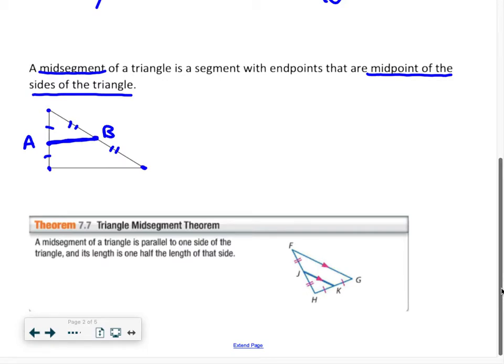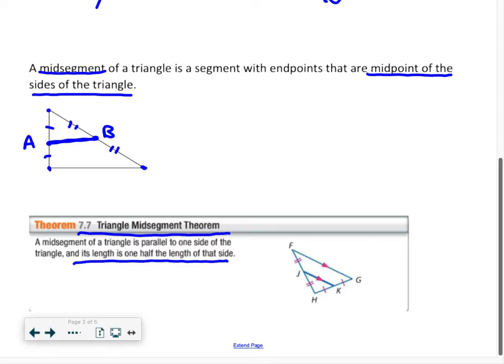So the triangle mid-segment theorem, theorem 7.7, states that a mid-segment of a triangle is parallel to one side of the triangle, and its length is 1/2 the length of that side. Okay, so the length of the mid-segment, let me write this out. Let's use this example up here, and then I'll leave you guys the example on the theorem.